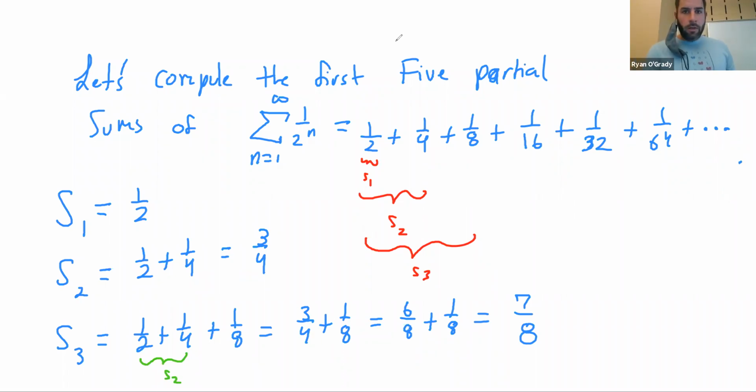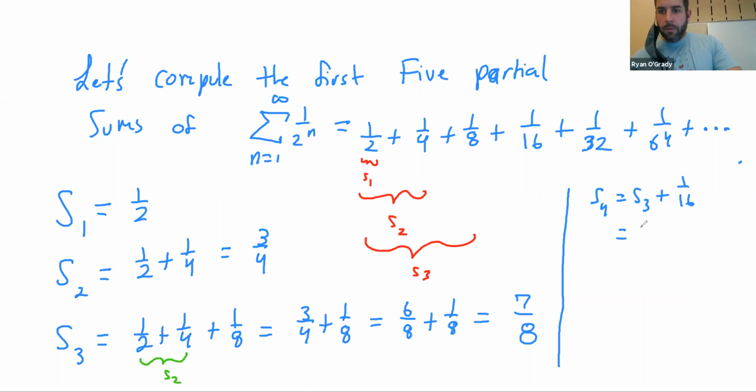And so if I notice that pattern, then I can come over here and quickly do the last 2. S sub 4 is just S sub 3 plus 1/16, which becomes 7/8 plus 1/16, which becomes 14/16 plus 1/16, or 15/16.